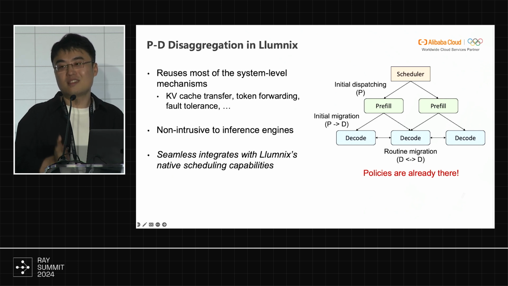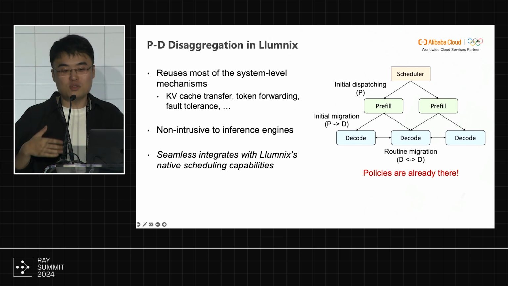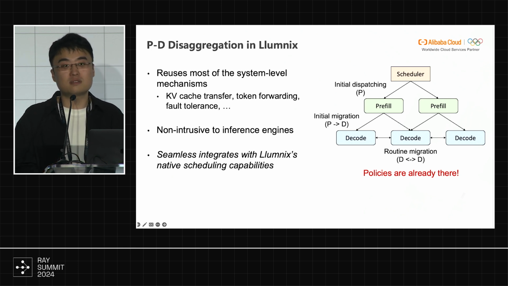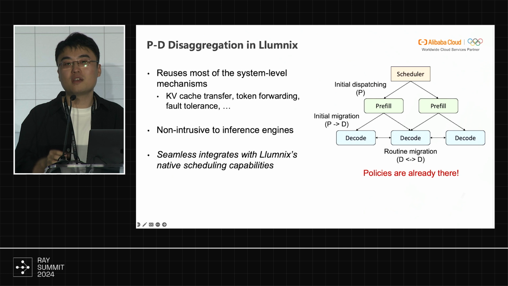Otherwise, the prompt sharing could be useless. You need to know which instance holds the KV cache of the previous request, right? We are working on this in both dispatching requests and also migrating requests. Yes, I think it must be an important feature.